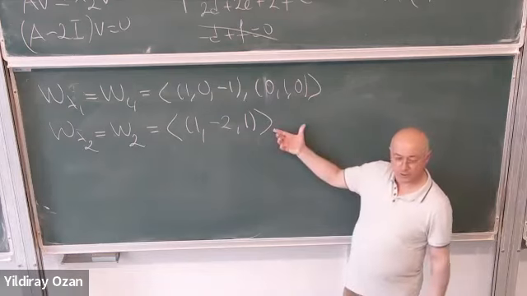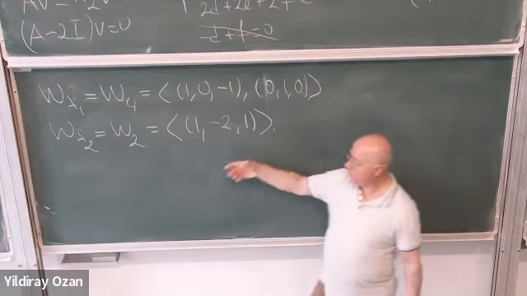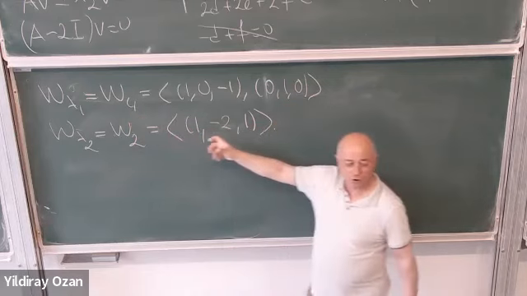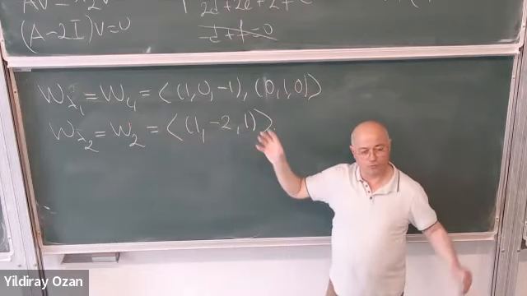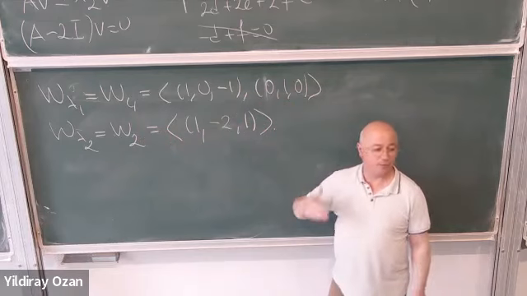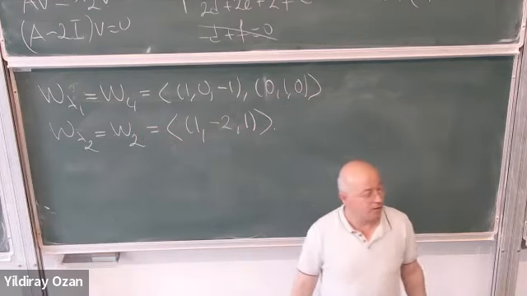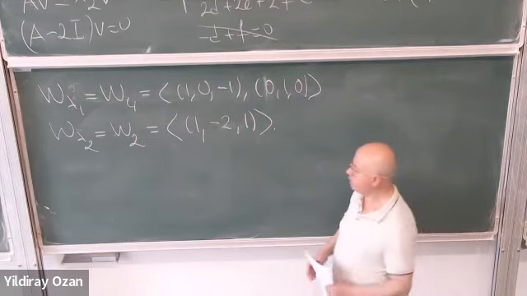So if I had two vectors here, which is the basis for W2, and two vectors there, which is the basis for W4, then if I put those four vectors together, that would be a basis for V. But V has only dimension 3. Therefore, that wouldn't be possible. Okay.